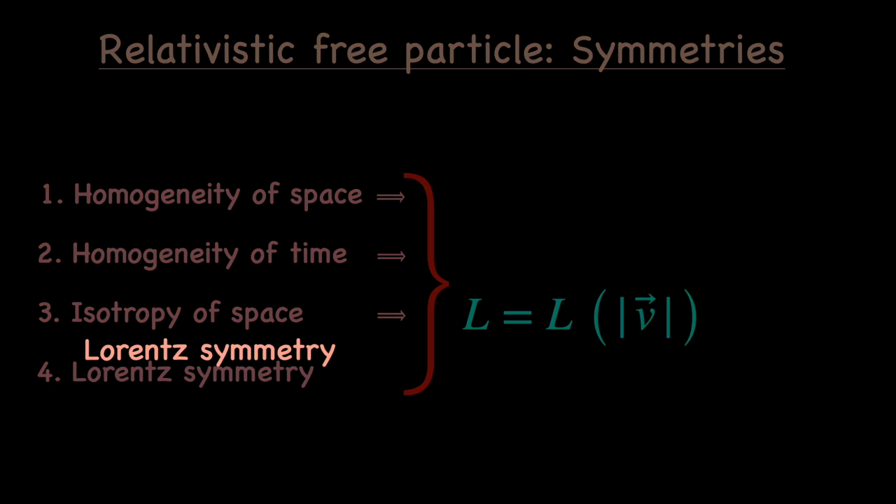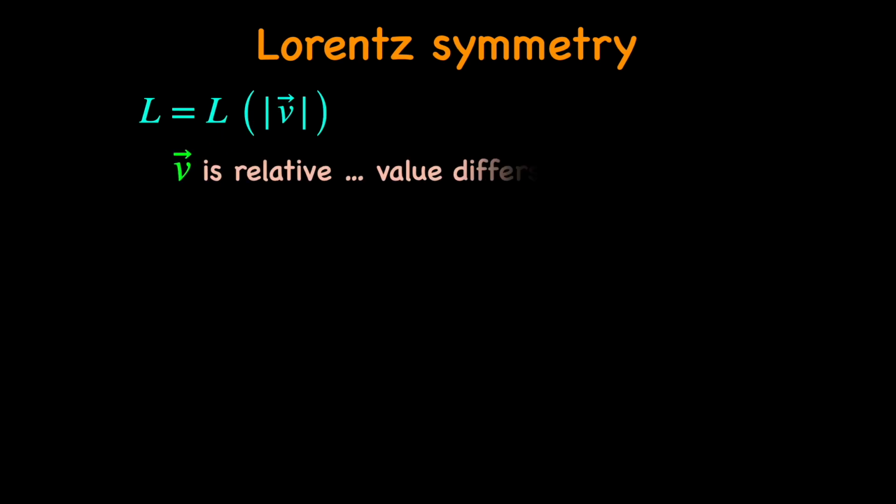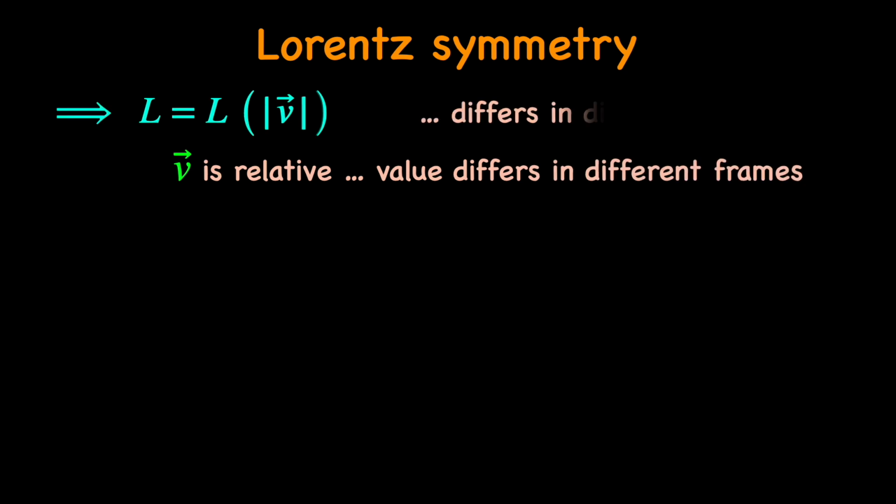Let's see what Lorentz symmetry really means. We have just discussed that the Lagrangian of a relativistic free particle depends on the magnitude of the velocity, and velocity is known to be relative. Its measured value differs in different inertial frames. So the value of the Lagrangian changes as we shift frames.